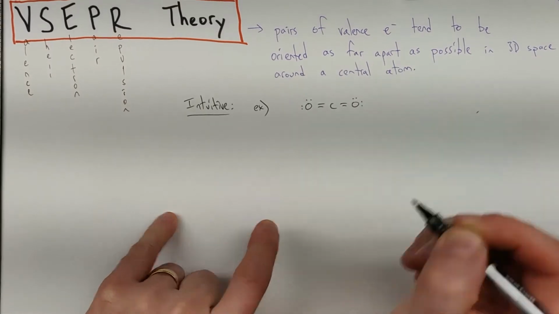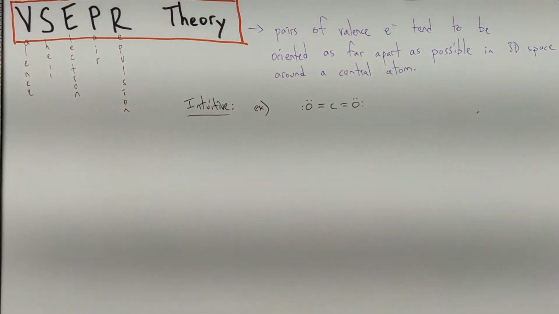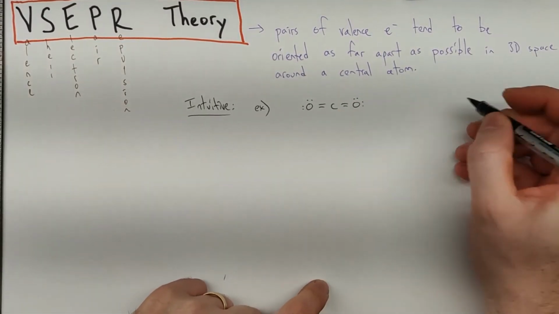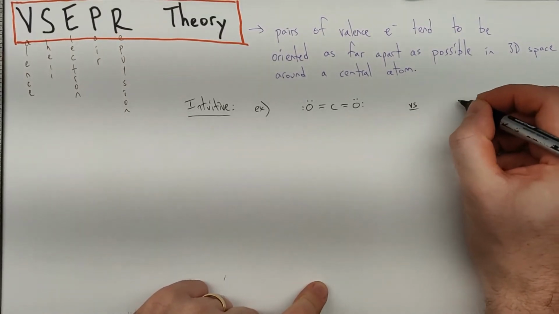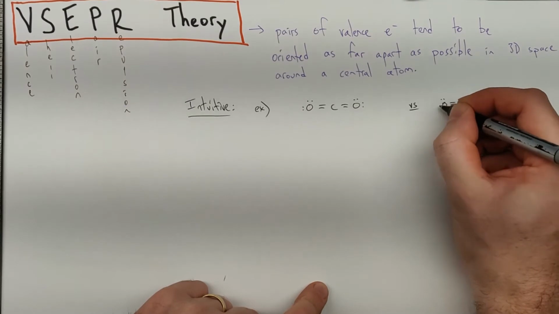You expect to see it like that, with those O's as far apart as possible, versus maybe somebody drawing right angles.